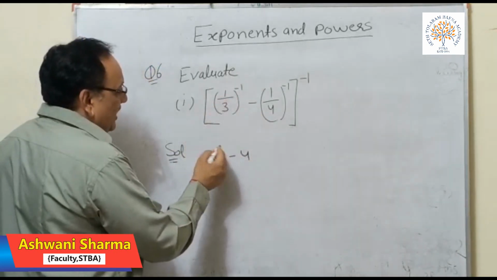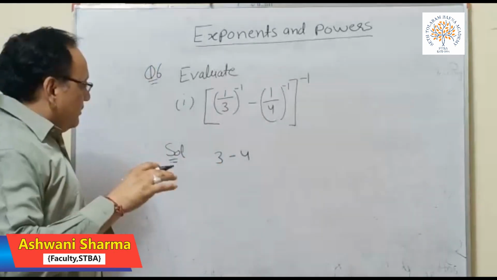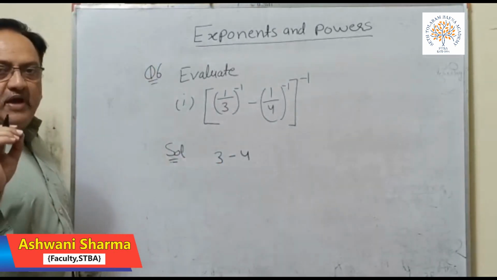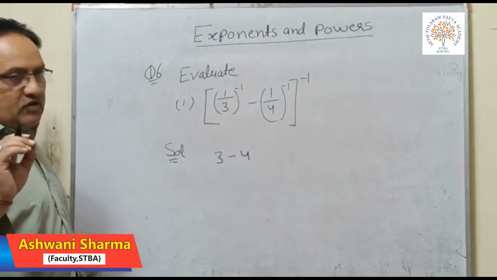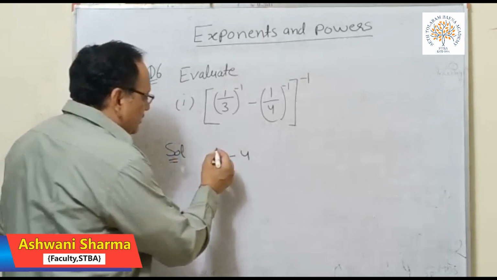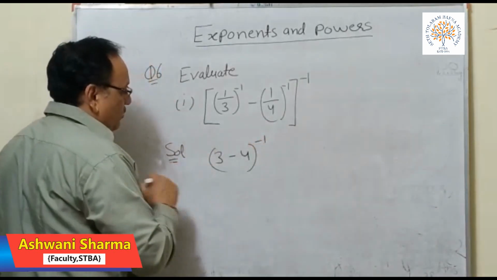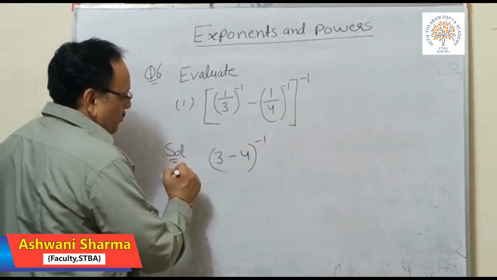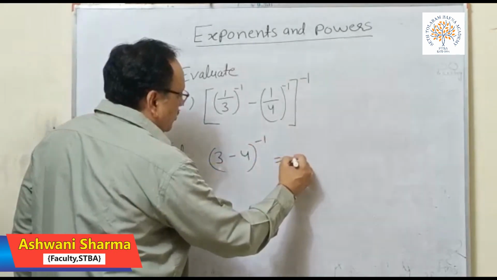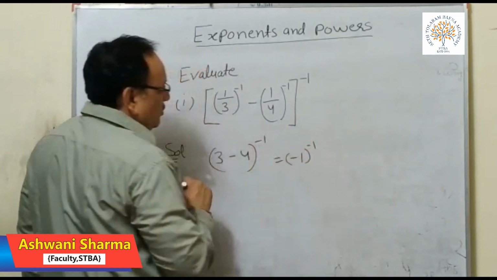There is no need to write it here. The power here is 1, because for any number with power 1 there is no difference. 3 minus 4, whole raised to the power minus 1. Now 3 minus 4, minus 1. Minus 1 raised to the power minus 1.